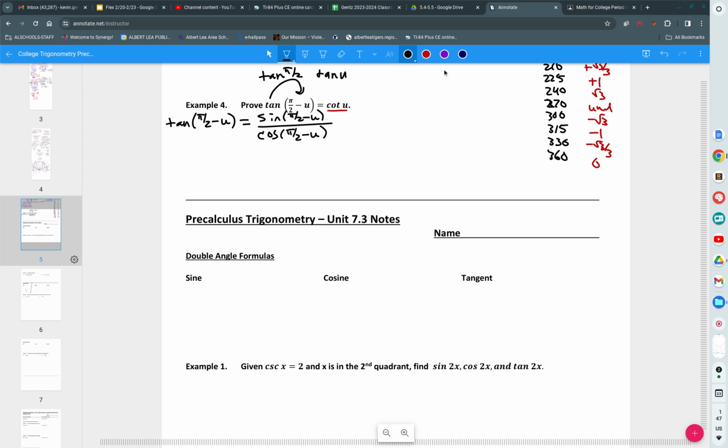I always must start with the beginning statement, tangent of pi over 2 minus u, and I will then end with the cotangent of u. Is everybody okay with that first step? That's obvious, right? Nobody can dispute that tangent is sine over cosine. So now we do our next step. I would like to expand sine of pi over 2 minus u and cosine of pi over 2 minus u. Who can tell me from yesterday, how does sine of pi over 2 minus u expand?